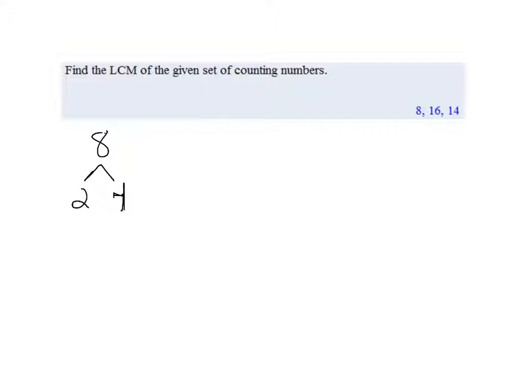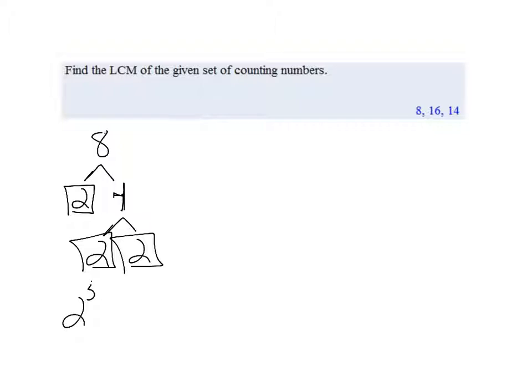Since 2 is already prime, I'm done with that, but 4 is not prime, so I'm going to break it down to 2 times 2. Now I've got a 2, a 2, and a 2 as the prime factorization, which means 2 times 2 times 2 would equal 8. I'm going to write that as 2 to the third power.